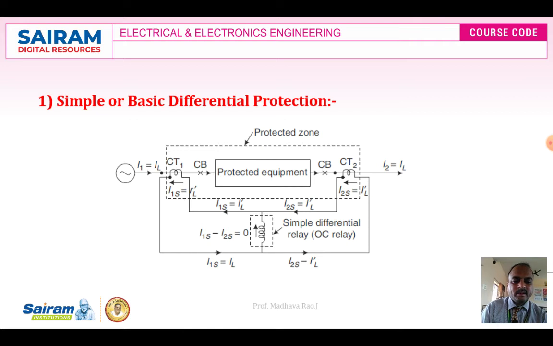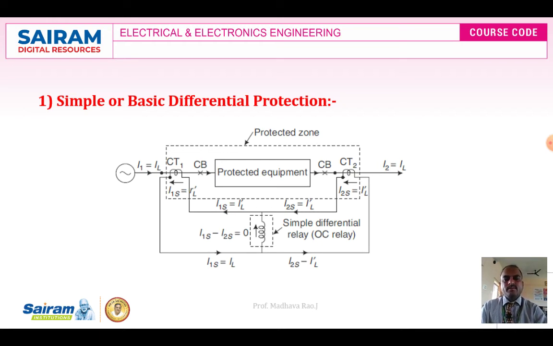If you take load centers, it may be a motor. Any such system we can protect using simple differential protection, but only for internal faults. We cannot protect for external faults.